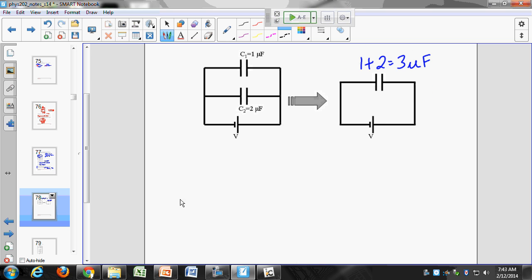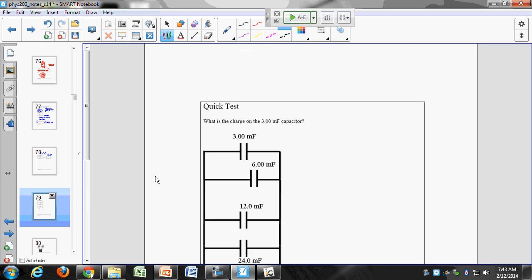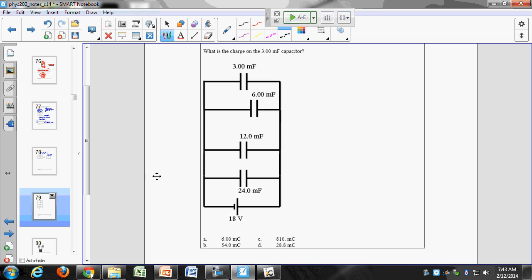Let's try this quick test. Here I have this circuit. I want to know what is the charge on the 3 millifarad capacitor. And then I'm going to ask a second question: what is the equivalent capacitance of this circuit?